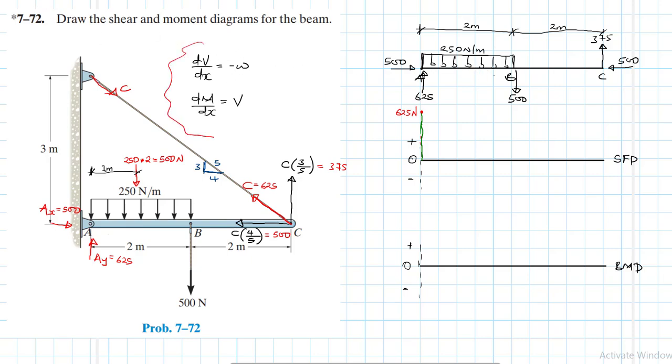From this relationship, the derivative of shear and moment, we know that when loading, like in this case, the loading is constant but negative, so let's say loading is negative and constant, we expect the slope for shear to also be negative, and the value of the slope will be constant.